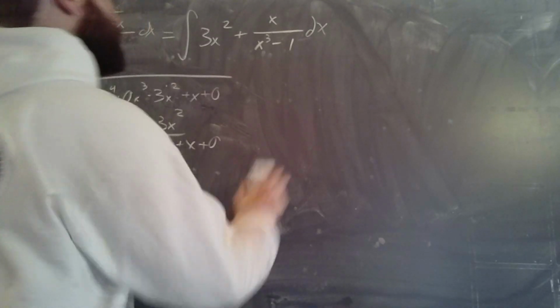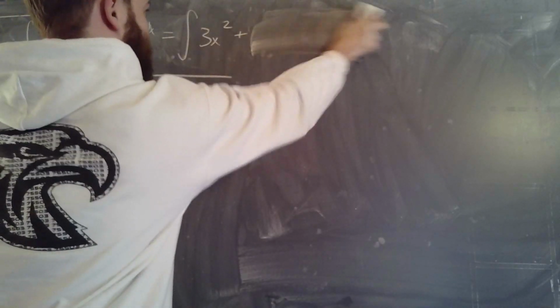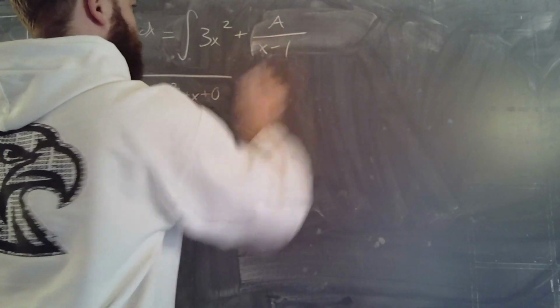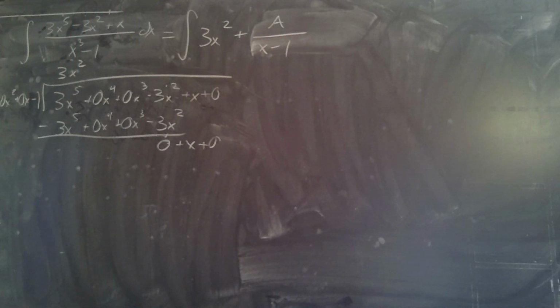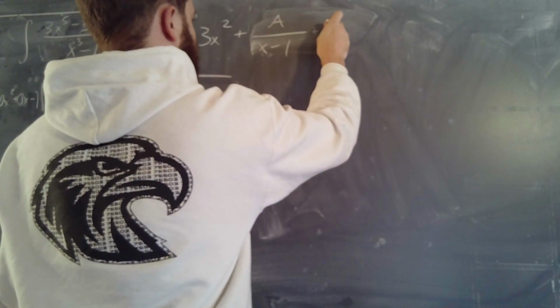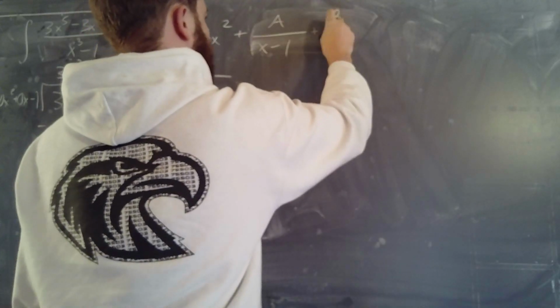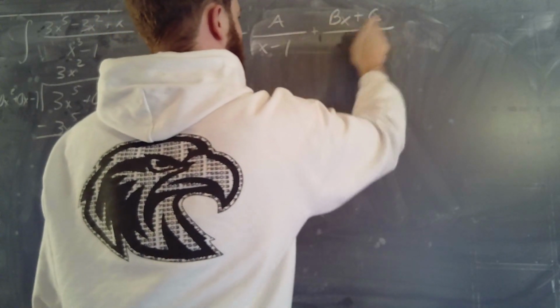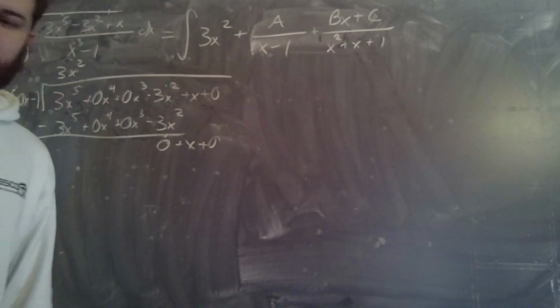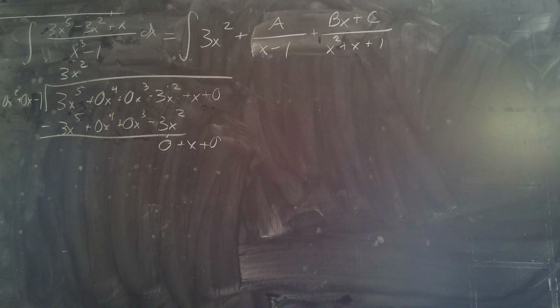So we'll maybe rewrite this x over x to the third minus 1 term as A over x minus 1, which is the first factor in that partial fraction. And then we'll have an unreducible quadratic as a result of factoring the denominator. So that'll be Bx plus C over x squared plus x plus 1. And we can verify that those are the correct factors by like the SOAP method or something like that.